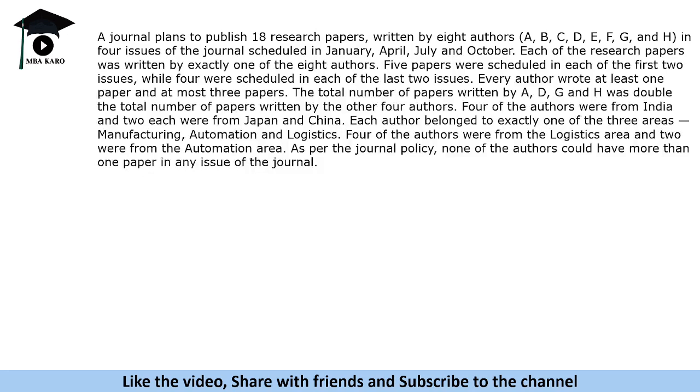So 18 research papers written by 8 authors. 5 papers were scheduled in each of the first 2 issues, and 4 in the other two. Every author wrote at least one paper and at most 3 papers. So minimum 1 to maximum 3 papers.